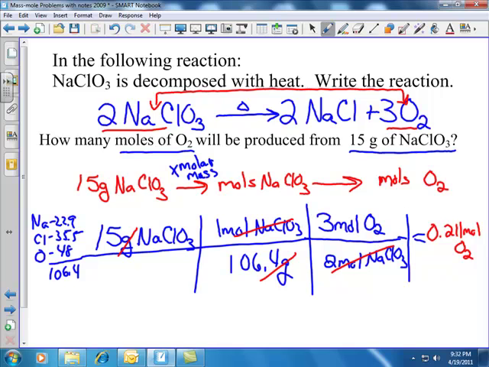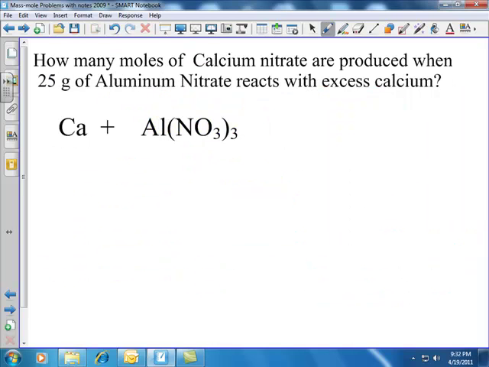And I got one more that we'll do together. So now, same type of process. How many moles of calcium nitrate are produced when 25 grams of aluminum nitrate reacts with excess calcium? So first thing I want you to do is, like always, go ahead and write the reaction.